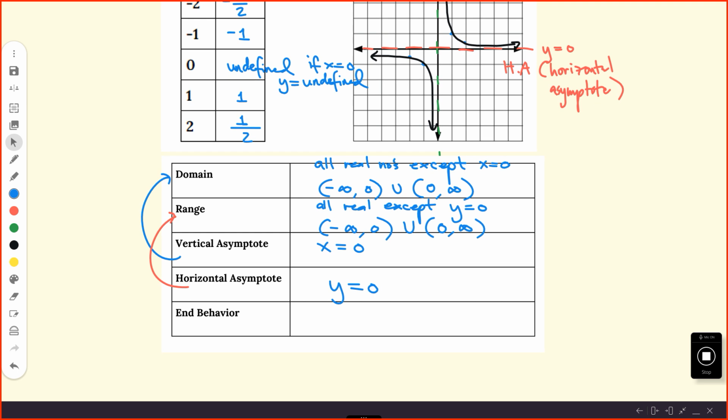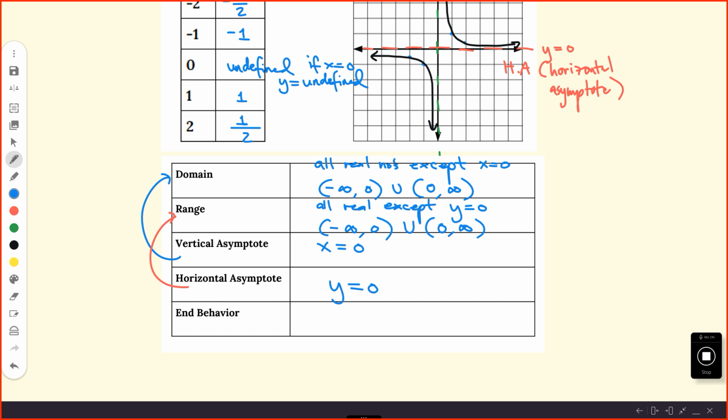It approaches 0. So every time you have a function, and if you know the asymptotes of the rational function, the end behavior goes to the asymptote, right? Remember the features of the graph that we discussed in Unit 1?